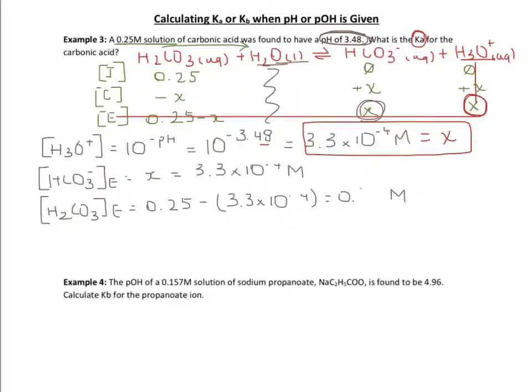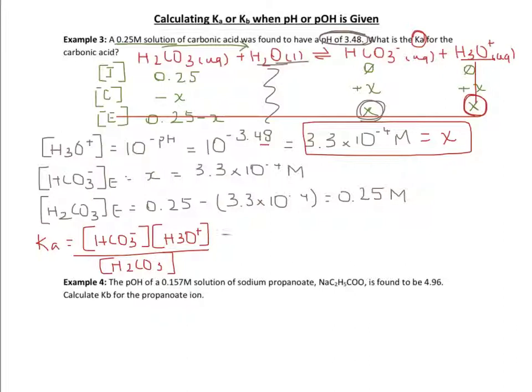Now that we have all of the equilibrium concentrations, we can write out our Ka expression, which is products over reactants raised to the power of their coefficient. And we can plug in what the equilibrium concentrations now are.